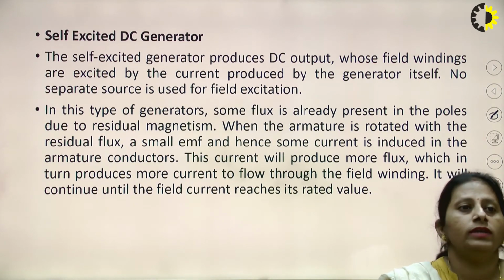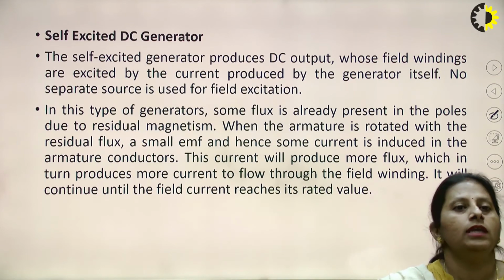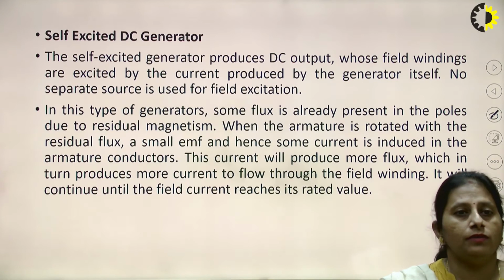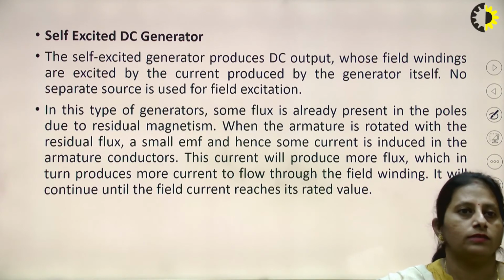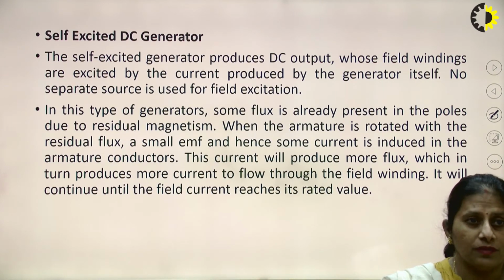If there is no external separate source of field excitation, there will not be any field created. If there is no field, you may make your armature rotate with a certain speed, but there will not be any flux cut because you don't have any flux. Is that the case? No.